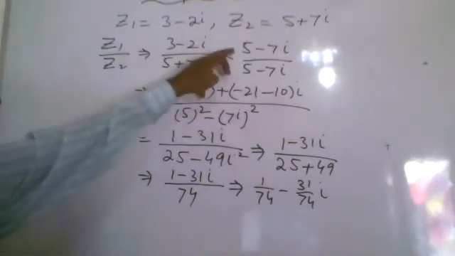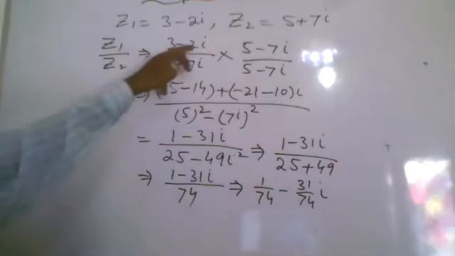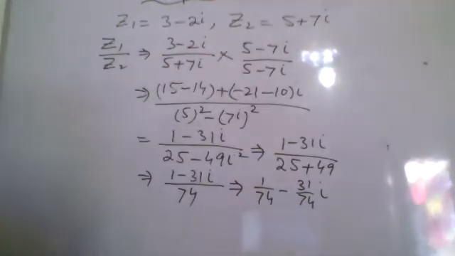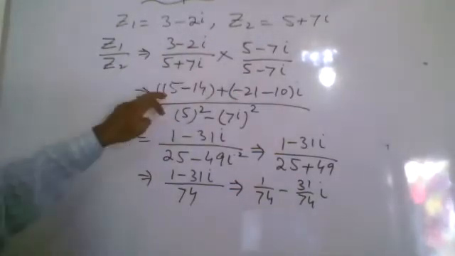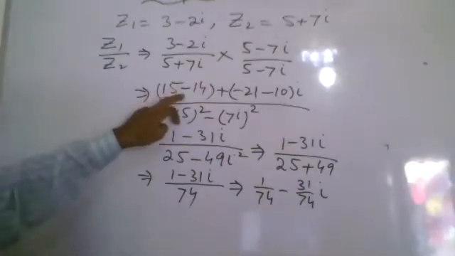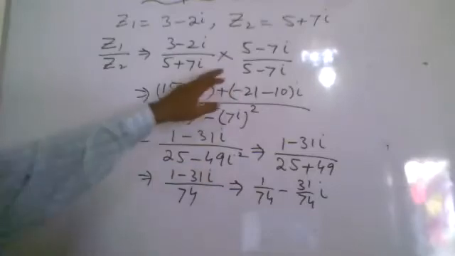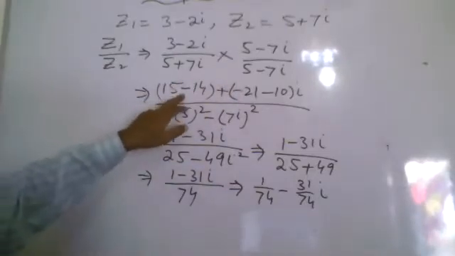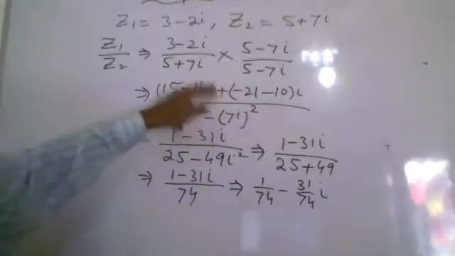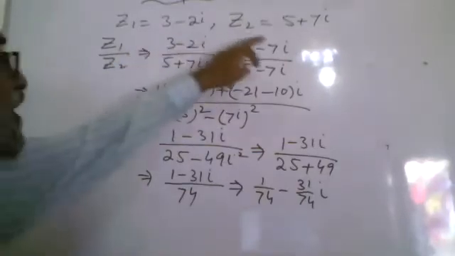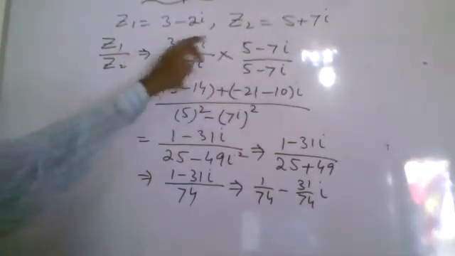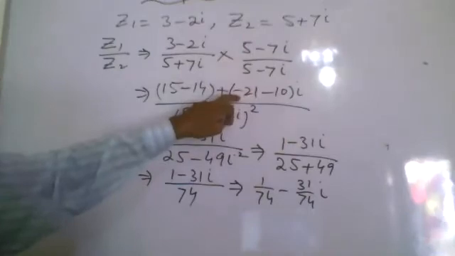These both will multiply. 3 minus 2 iota into 5 minus 7 iota. It will become 3 into 5 will be 15. And minus sign, minus 2 into minus 7 will be plus 14. Plus 14 into minus will be minus. Then plus sign, a1 b2. So 3 into minus 7 will be minus 21.